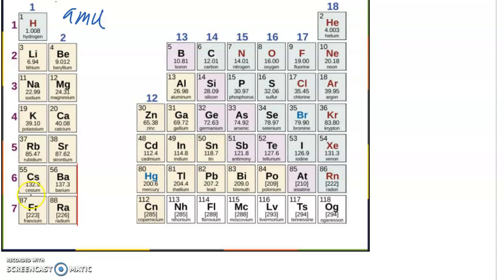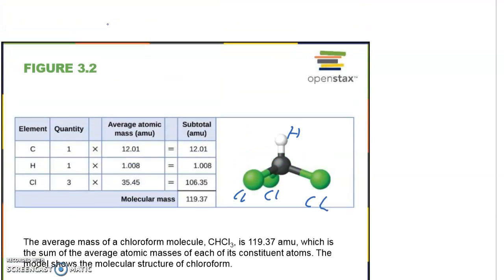Okay, so let's look for a few, because you will be using a few of them throughout the semester. Let's look at carbon. Carbon is 12.01, nitrogen is 14.01, oxygen is 16.00. Again, the unit will be atomic mass unit, AMU. So let's go back to the previous sample.